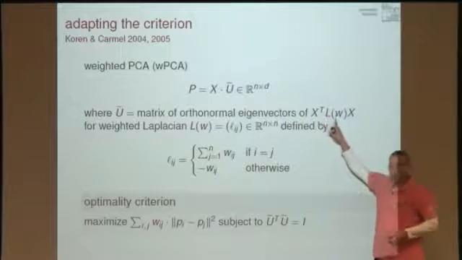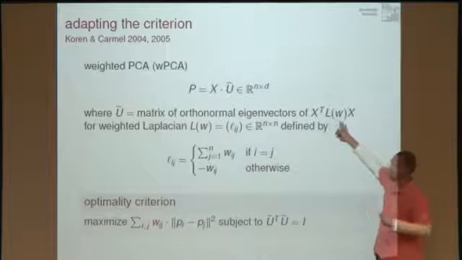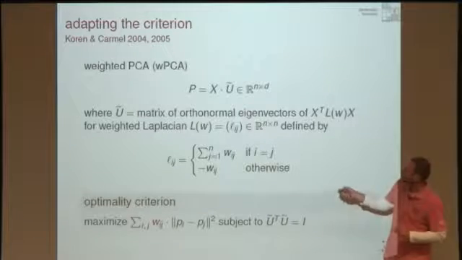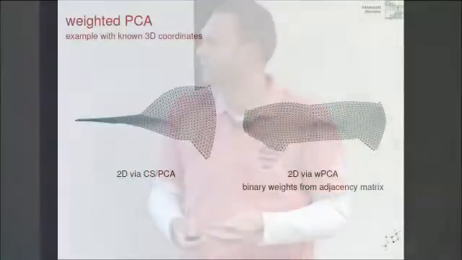So instead of the eigenvectors of the inner product of the coordinates, we're using a weighted version of this, where this is the Laplacian of some weighting scheme that I'm not going to detail out. So this has been observed by Yehuda Koren and Kamel and explained in detail, but we're just using it here to improve the projection that we get for the original coordinates.